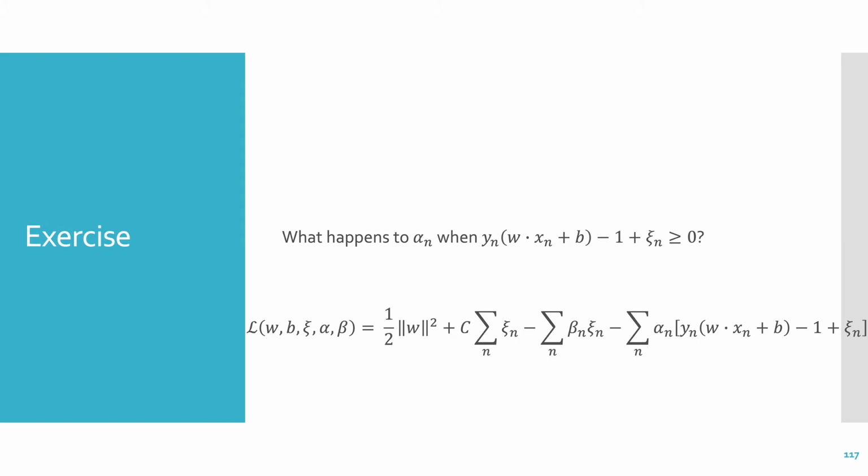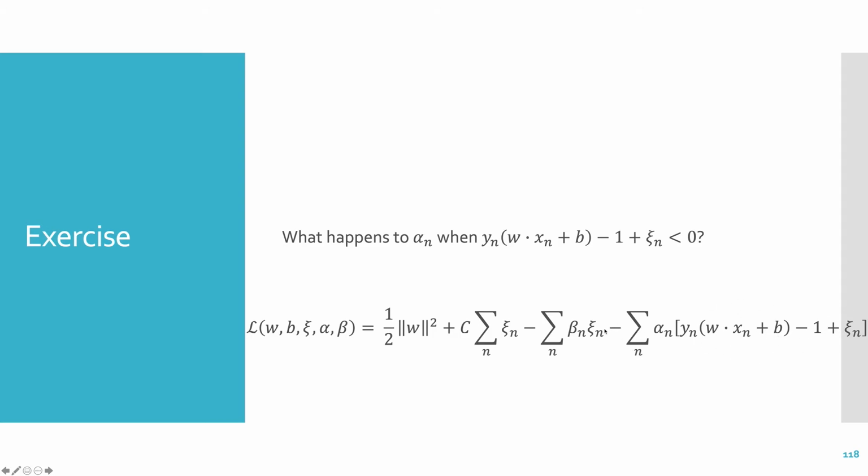What happens to alpha n when this expression is greater than or equal to 0? That means what happens to alpha n when our constraint is actually met? When our constraint is actually met, then we want this term here to be minimized in order to maximize L. If our constraint is not met, then alpha n will tend towards infinity because this will be negative.